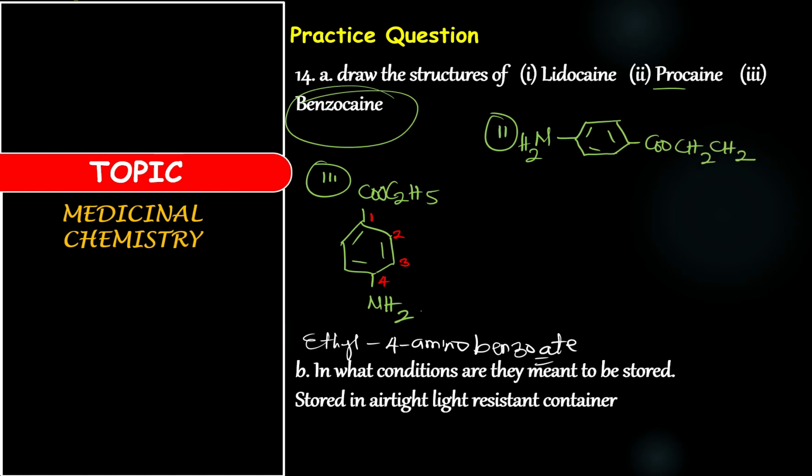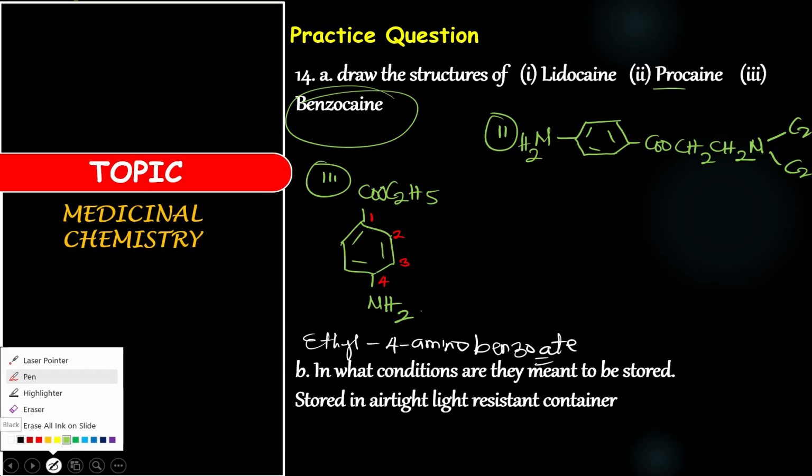You know this one just ends as C2H5, which is CH2, CH3. But after the last CH2 here, they now have N before you have C2H5, C2H5. So this one here is the structure of procaine.